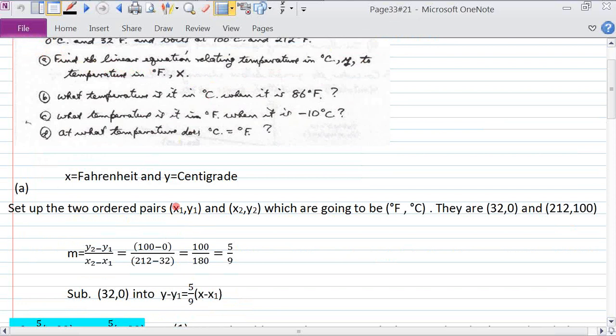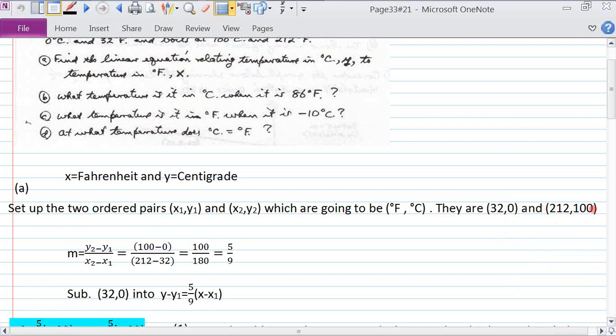So we've got the two ordered pairs, as I've said, x1, y1, x2, y2, which are going to be in degrees Fahrenheit and degrees centigrade. So x is Fahrenheit and y is centigrade. Here we have the Fahrenheit value, the x1, and here's the y1. That's the freezing temperature.